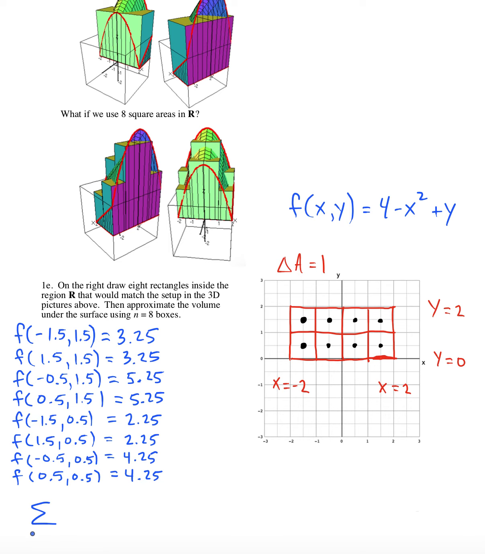So our sum is going to go from i equals 1 to 8 of f of xi comma yi delta A. And it's going to be the sum of all those numbers. I get 30.